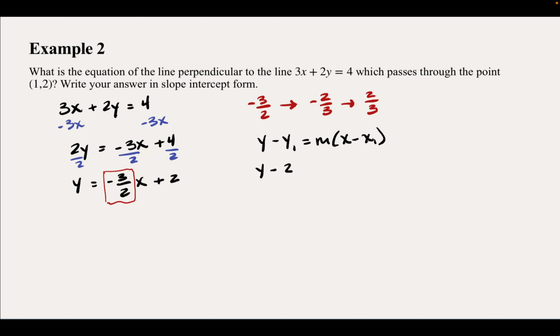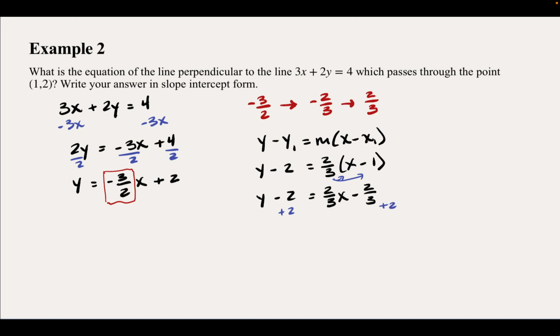y minus 2 equals 2/3 times x minus 1. I want my answer in slope-intercept form, so I'll start off by distributing that 2/3. And then I want to get the y by itself.